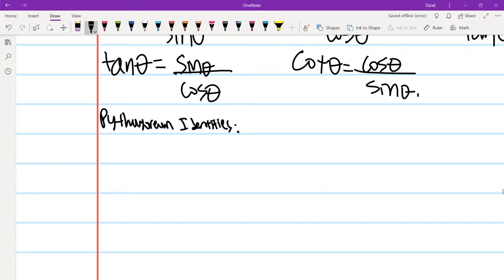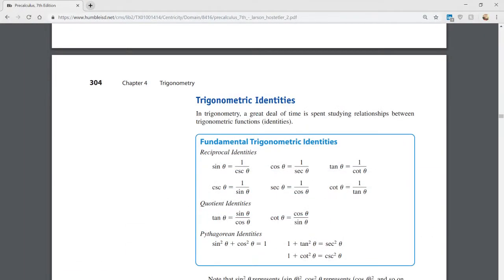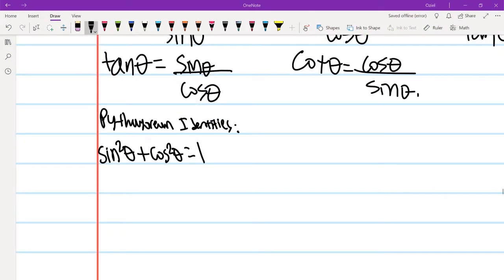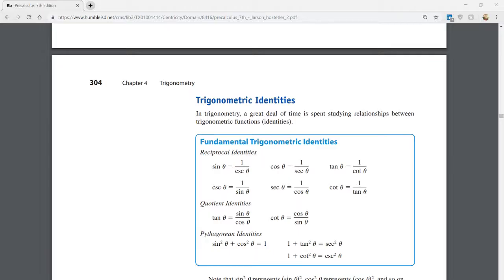Anyways, so we have our Pythagorean identities, and the first one is going to be sine squared of theta plus cosine squared of theta equals 1. And then we also have 1 plus tangent squared of theta equals secant squared of theta, I think.